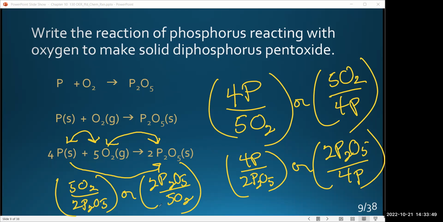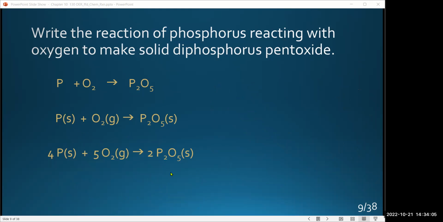So we can go from any direction, from phosphorus to product, from oxygen to product, or even from product to reactant. Because even in the quote, real world, as they say, that ratio pertains to whether you do it in the lab with milligram samples, or you have an industrial plant where you're dealing with tons of the material.